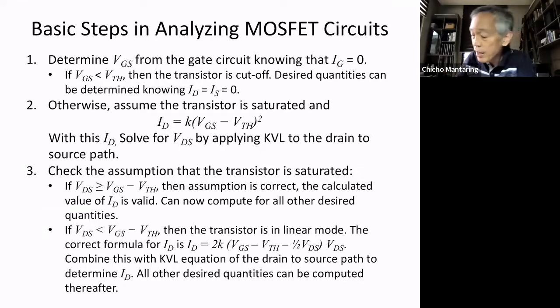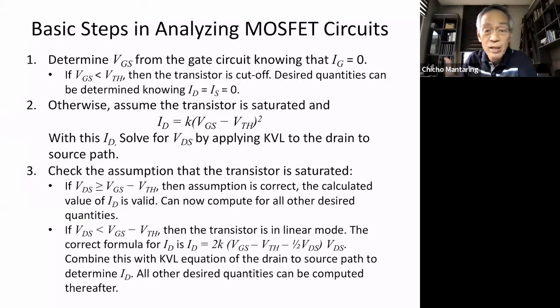When the transistor is in linear mode, it becomes harder, because now you have two equations in two unknowns: the equation for ID and your KVL equation, which you solve to determine the value of ID and eventually VDS.